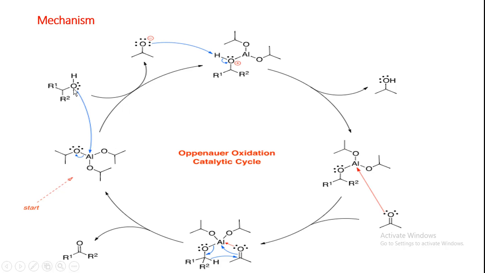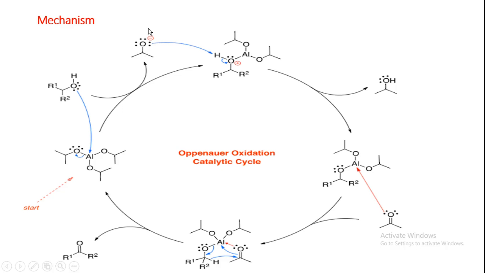This primary or secondary alcohol will donate a lone pair of electrons to aluminum, and aluminum will release this group, CH3CHCH3O. So this group will liberate out. Here you see the O-Al bond, oxygen-aluminum, is formed.